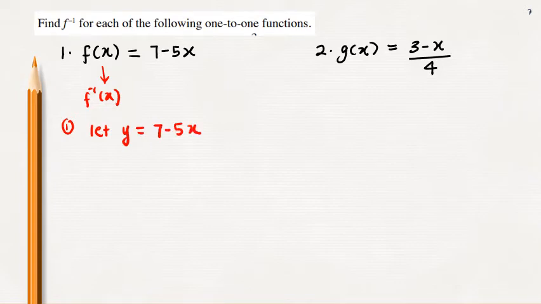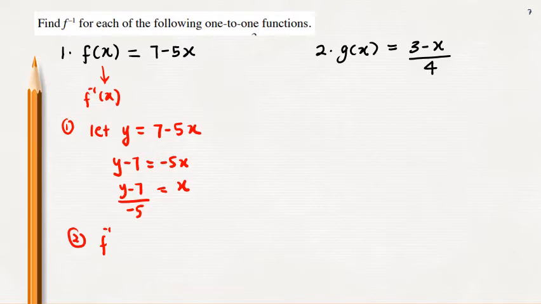So you kena jadikan x as a single formula, perkara rumus single ni. So macam mana nak buat? Okay, so kita akan bring y, 7 bring to the left, minus 7 is equal to negative 5x. So negative 5 ni bawa juga sebelah, y minus 7 over negative 5 is equal to x. Okay, so now kita dah dapat second part.